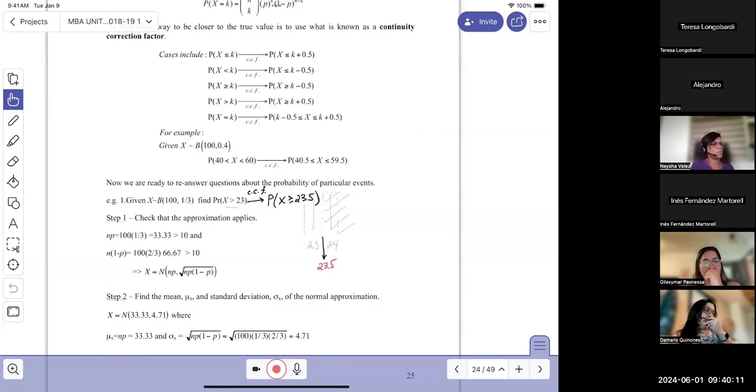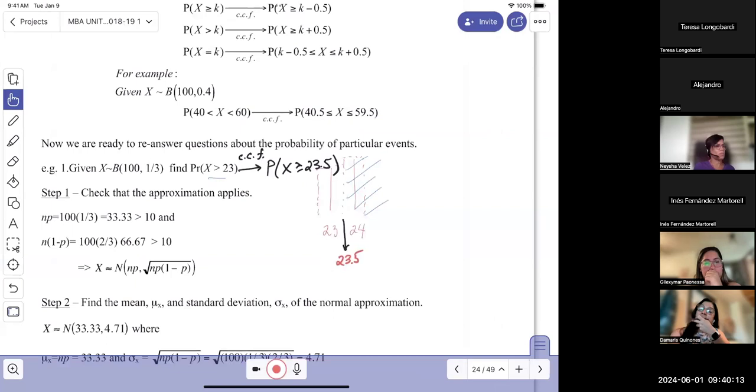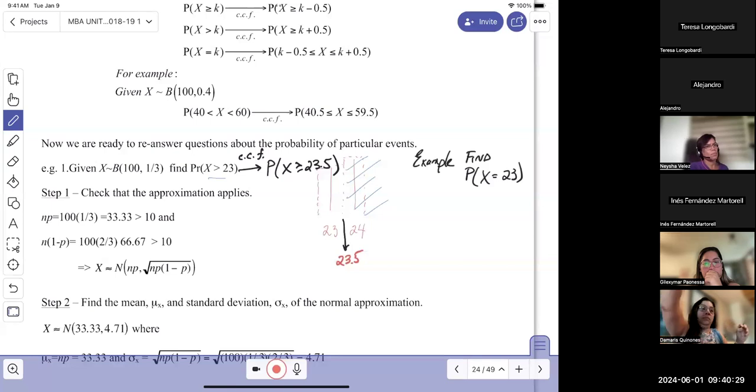So let's say the question here was, what if the question was find x equals 23 using the continuity correction factor.